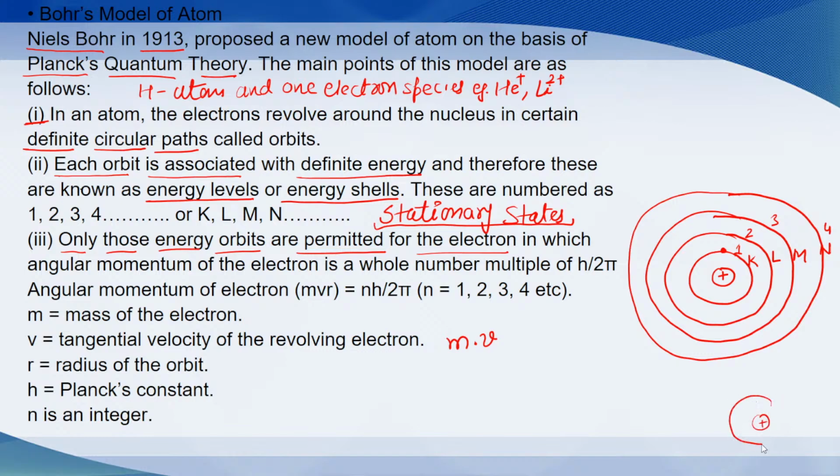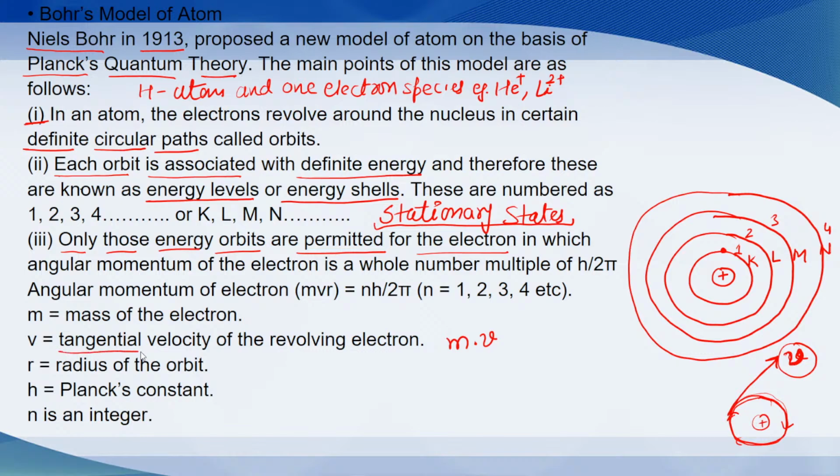When the electron is revolving around the nucleus, like this, and if we free it while it is revolving, just like a stone tied to a rope that we are rotating, and suddenly we free it, it goes tangentially.